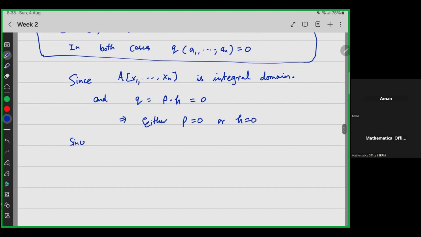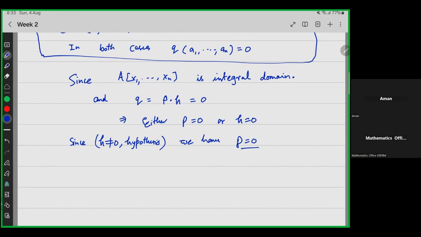Since h is not 0, from the hypothesis, we have p is equal to 0, and this is what we wanted to show.